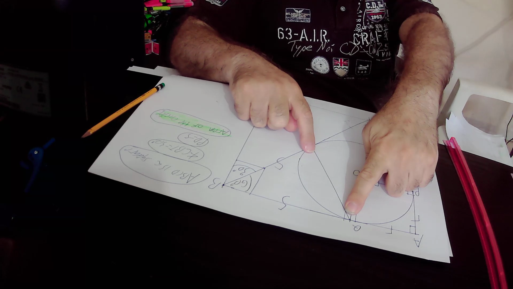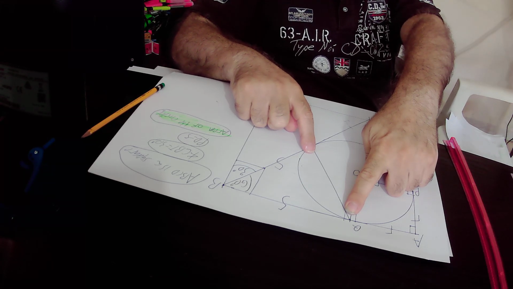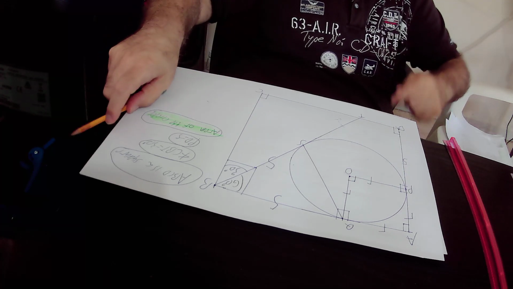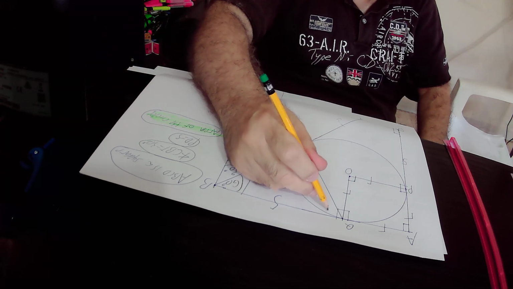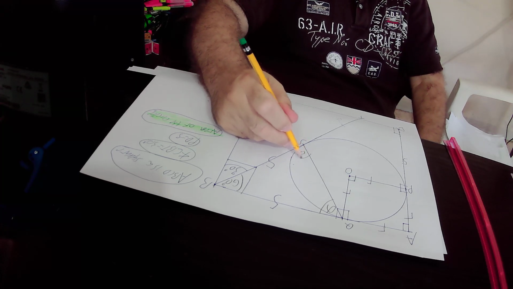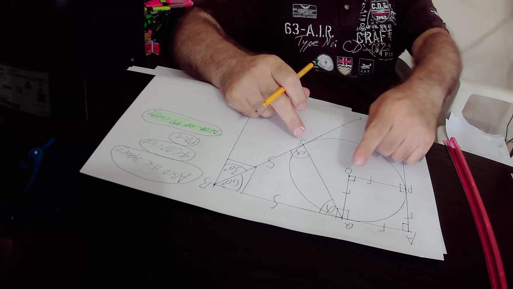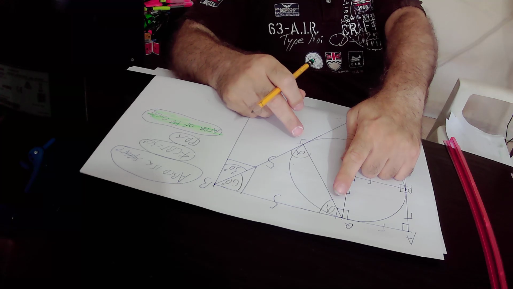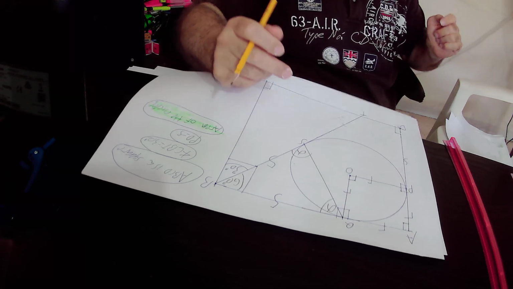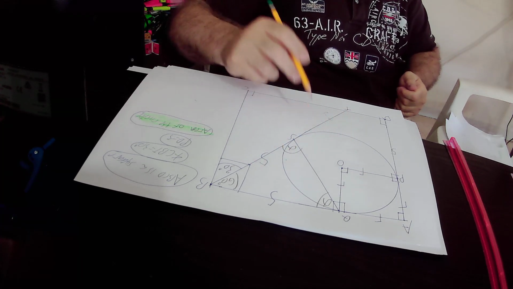Therefore, those two angles must be also equal to each other because they are located in front of equal sides. So if this angle is equal to alpha, then this angle must be also equal to alpha. So those two angles, they are both equal to alpha in triangle QBS.